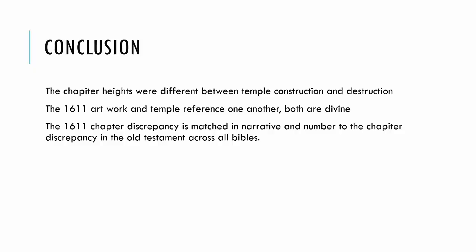And the 1611 chapter discrepancy, where Nahum gets 5 but is reduced to 3 later on, is matched in narrative to the chapiter discrepancy in Kings, because the reduction in the brass chapiter happens at the point of its destruction, and Nahum describes the prophecy of the destruction of Nineveh. So at the point at which something of significance is destroyed, an element can be reduced.